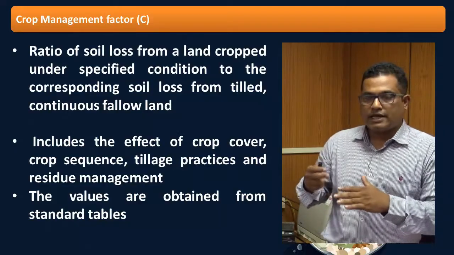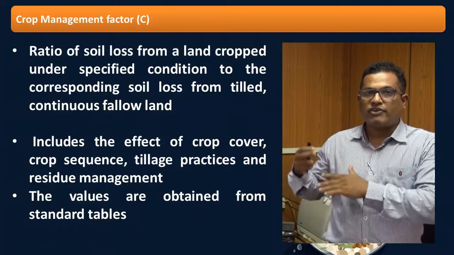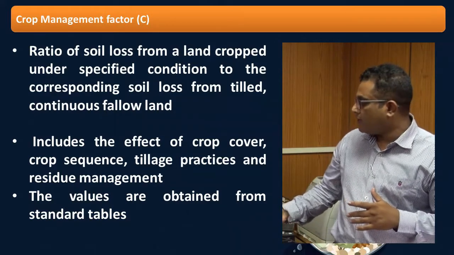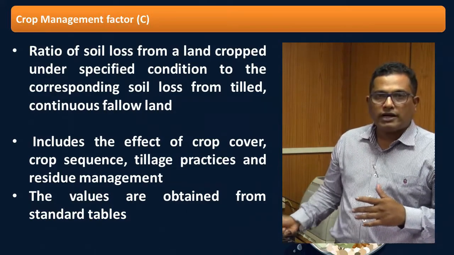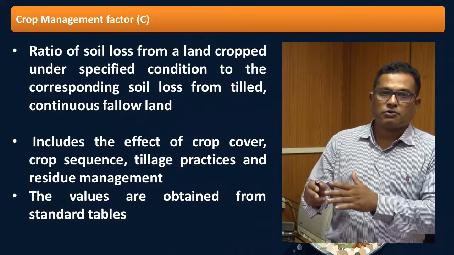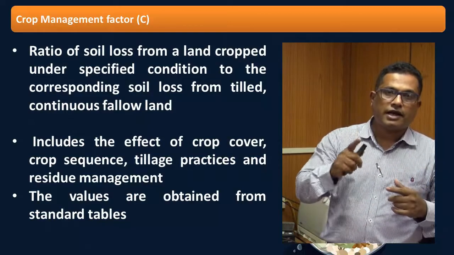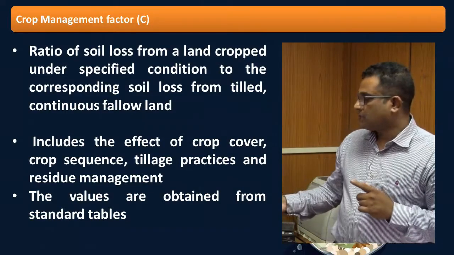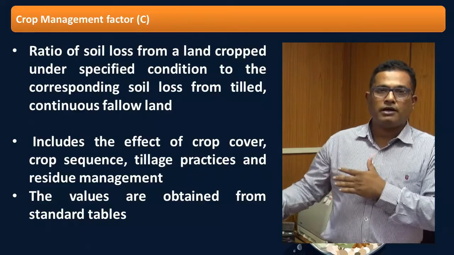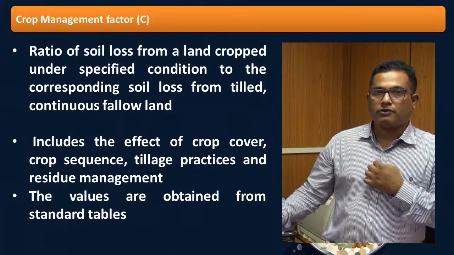If there is no crop cover, if it is fallow, this factor value would be 1. And if it is covered with some crop, it would definitely be less than 1, meaning less erosion, because soil erosion is directly proportional to C as well. So the more the value of C, the more the erosion from that particular place.